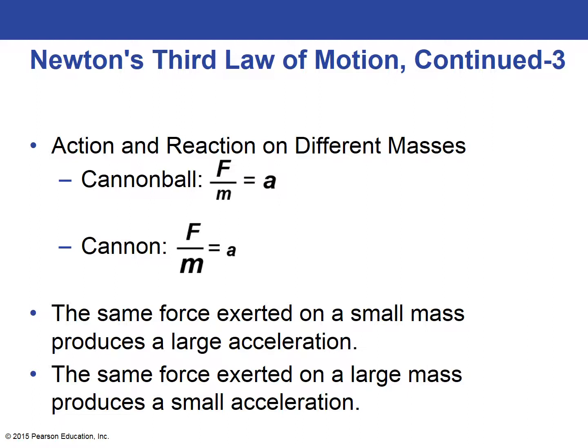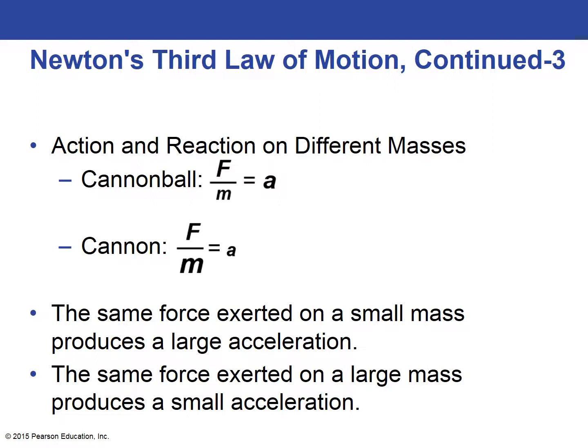We can also say at the same time that because the forces of action and reaction are the same, the cannonball will have an enormously higher acceleration because the mass of the cannonball is extremely small compared to the mass of the cannon itself, and acceleration is force divided by mass.